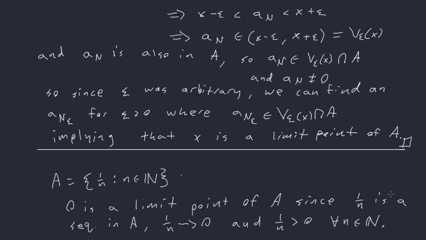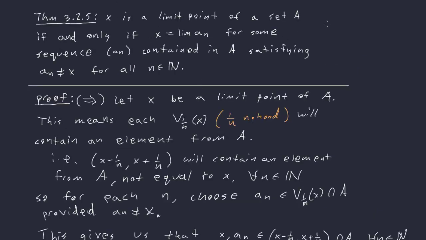Even though that's not their official definition, it could be because this theorem was an if and only if. Since this is an if and only if, we could actually use this as our definition, although that's not particularly traditional.